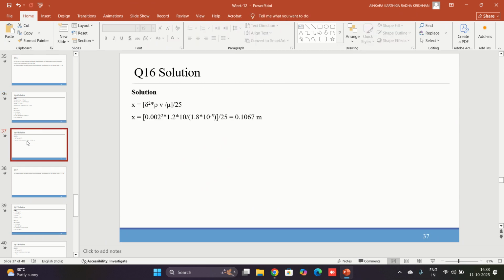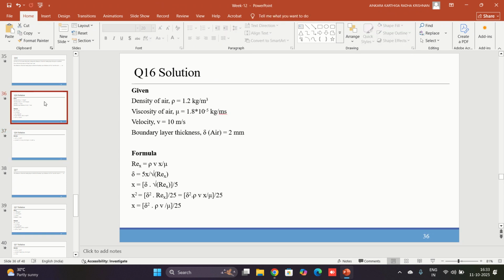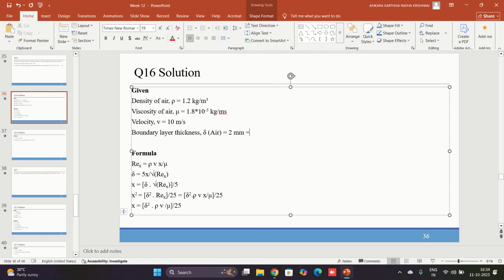So x is equal to delta square into rho v by mu. Delta is given as 2 mm. Yes, 2 mm, or 0.002 meters.